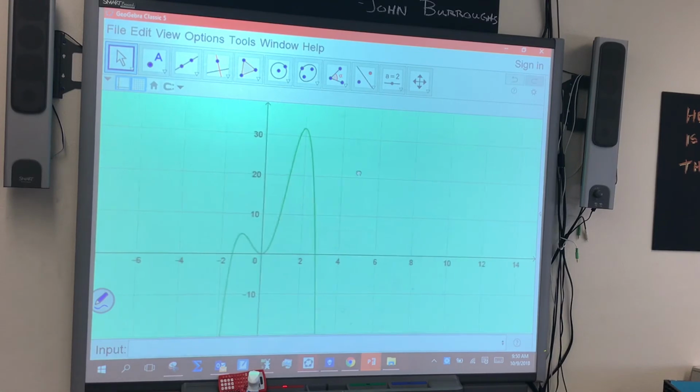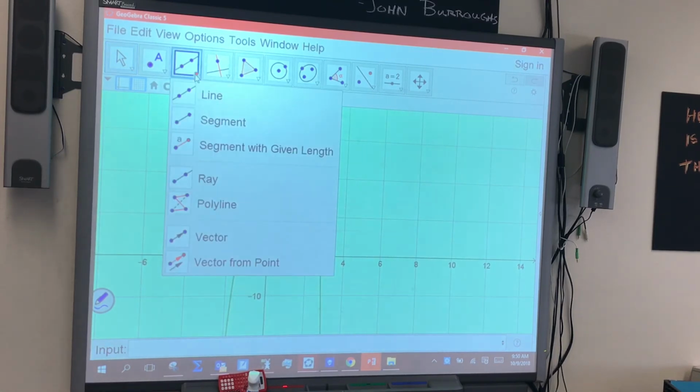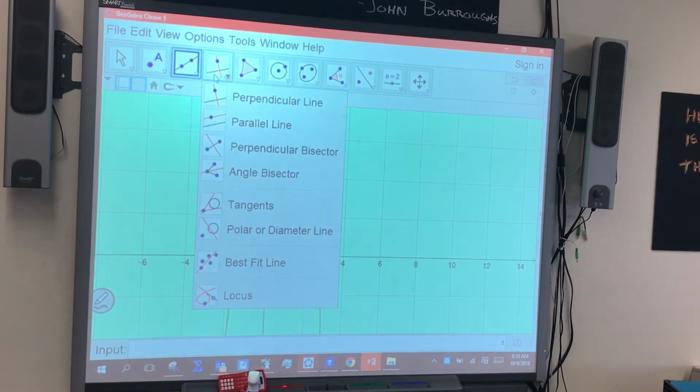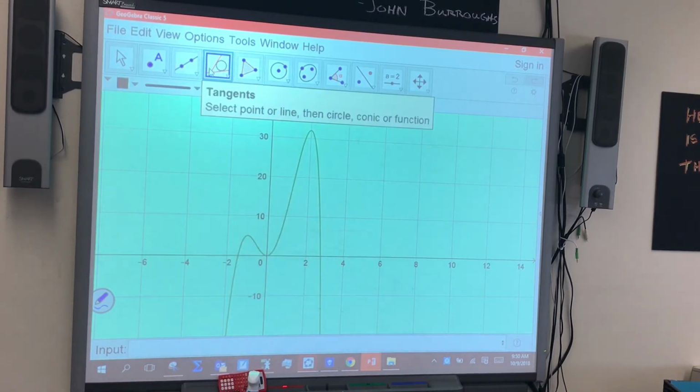All right, so we got that graph, right? I'm going to ask for this thing to find a tangent, I think. Point line. Okay, good.